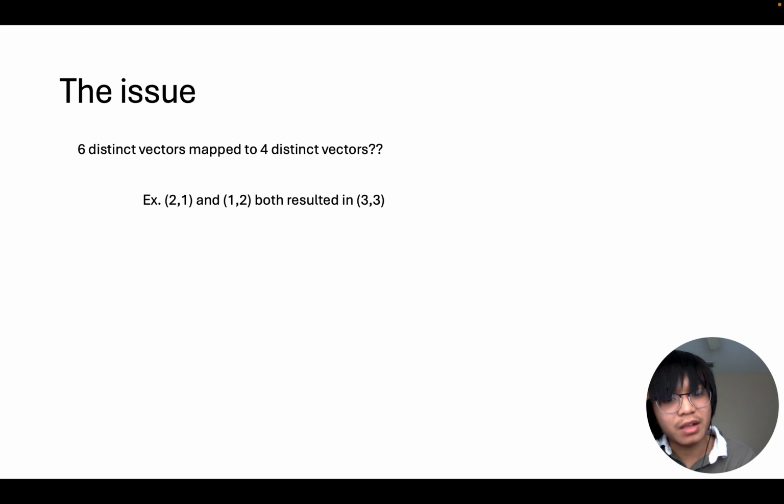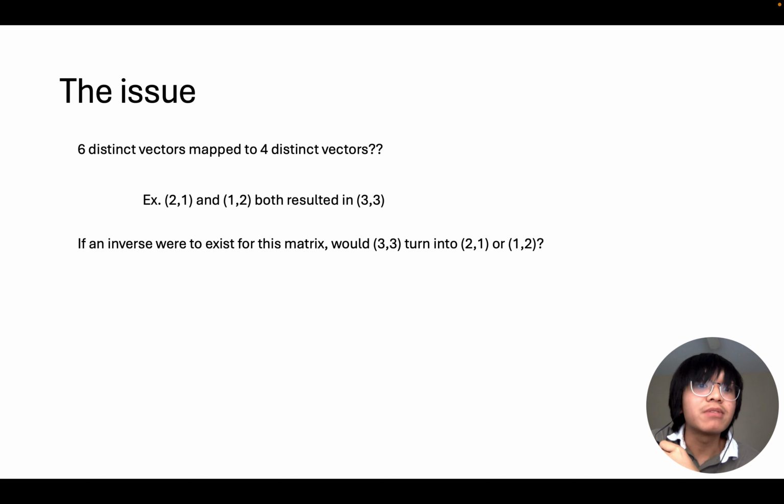After looking at this, I have to ask you: if an inverse were to exist for this matrix, would (3, 3) turn into (2, 1) or (1, 2)? If we were to reverse this transformation somehow, how would we know if (3, 3) would turn into either of these two things?